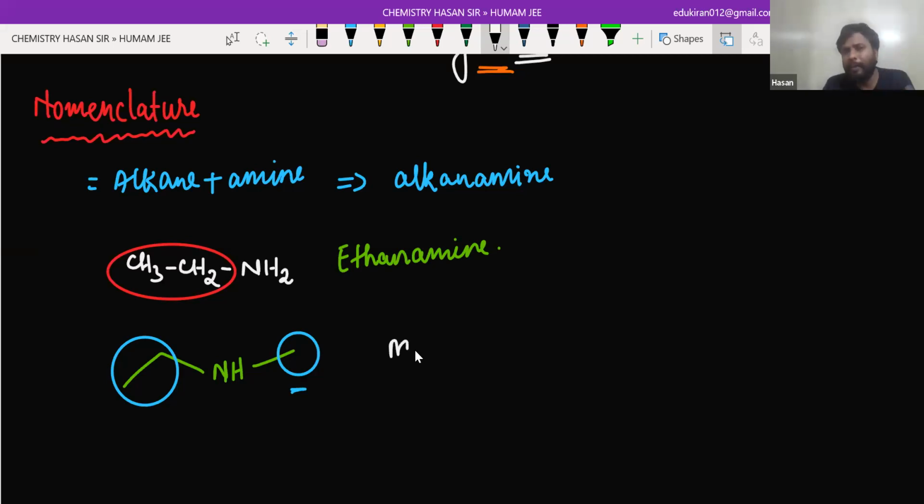So what will be the numbering? In amine, what we do in numbering is very simple. N-methyl, that represents basically this methyl is directly connected to NH or N. So N-methyl, and then comes your parent chain which has two carbon, that means eth, and they are singly bonded. So ethane, and it is amine.